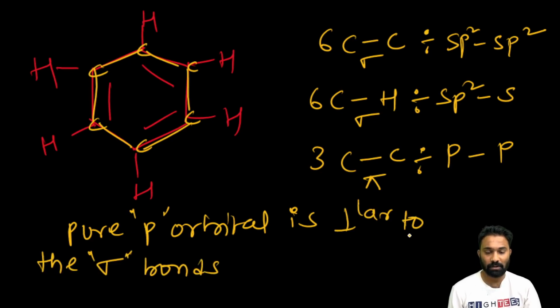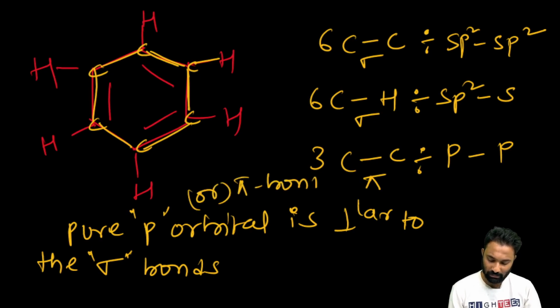For this sigma bond, this pi bond is not parallel, this pi bond is perpendicular. Clear? Or else you can say the pure p orbital, or the pi bond, is perpendicular to the sigma bond. Clear?